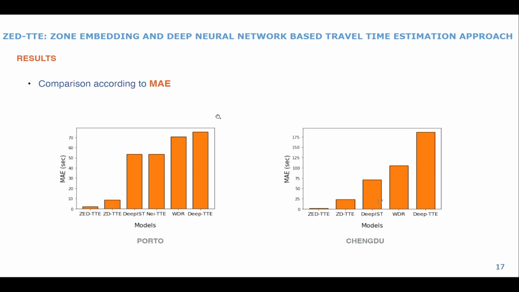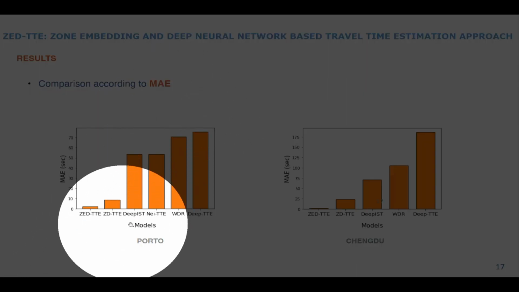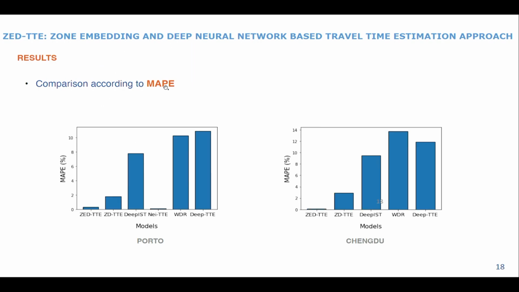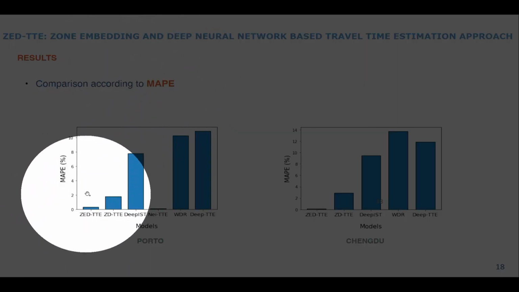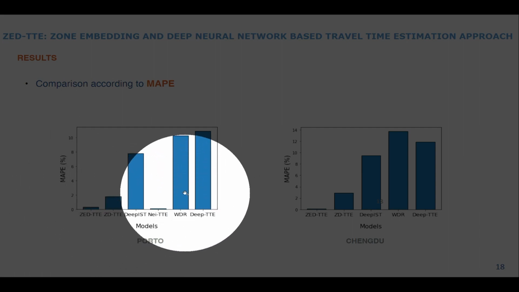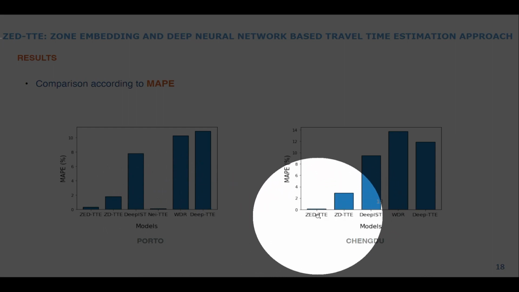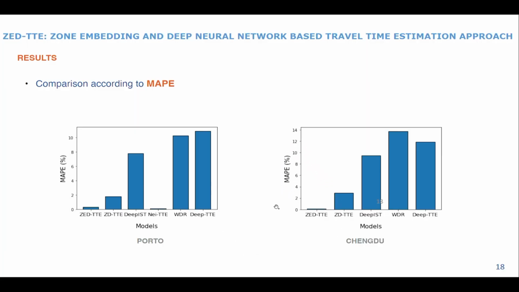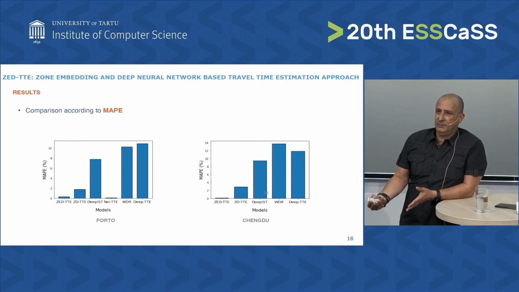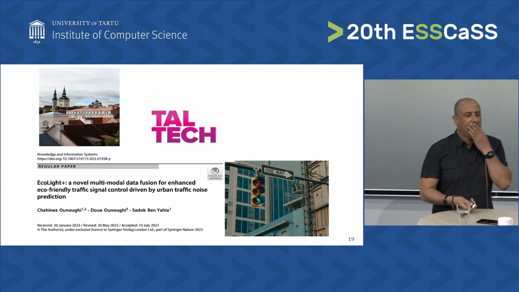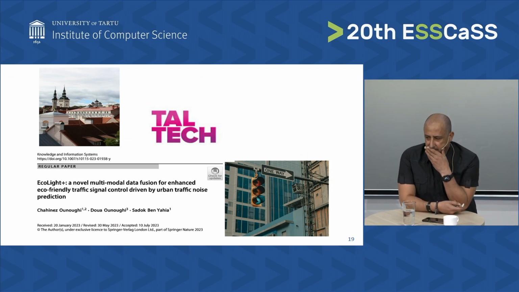In terms of MIE, the same. And the same for MAP. For Tartu, we were beaten by this approach, but for Chengdu, we are the best. So I can say that we have a very competitive, very interesting travel time estimation algorithm that can be leveraged by the industry. So let's move to the second use case.